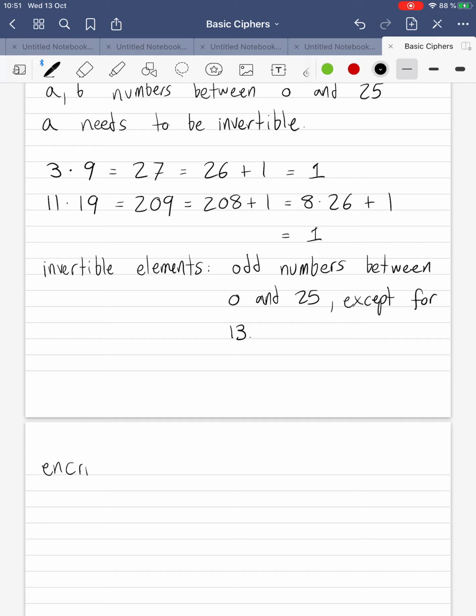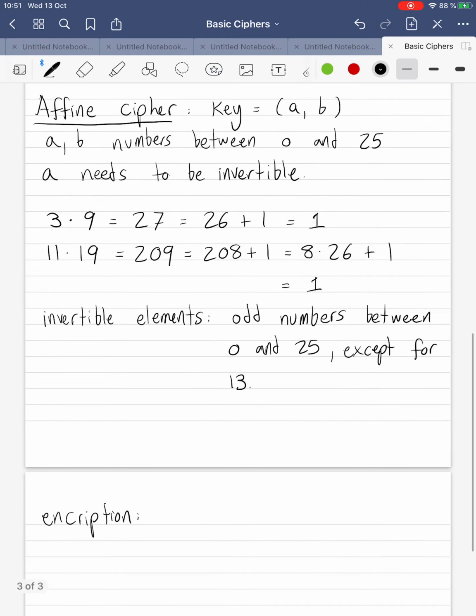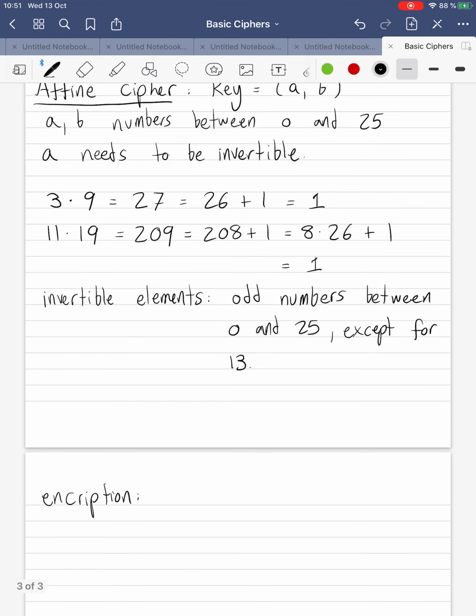Encryption in the affine cipher case: let's say I have any x, not the letter x, just any number. To turn this into another number, I multiply by the invertible element of my key, and then I add b to it.